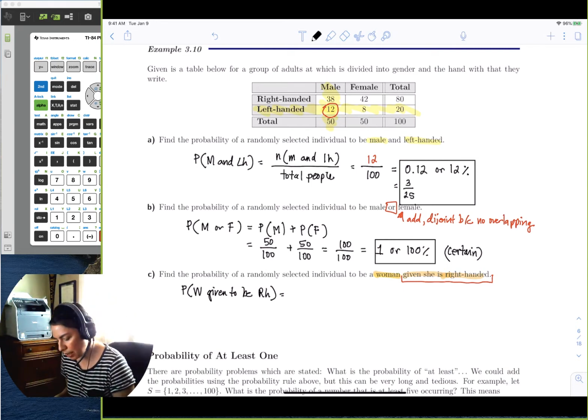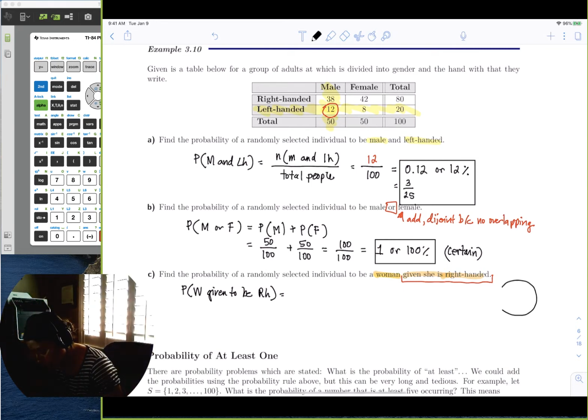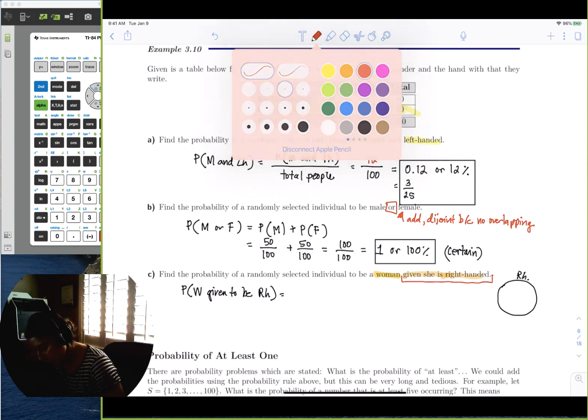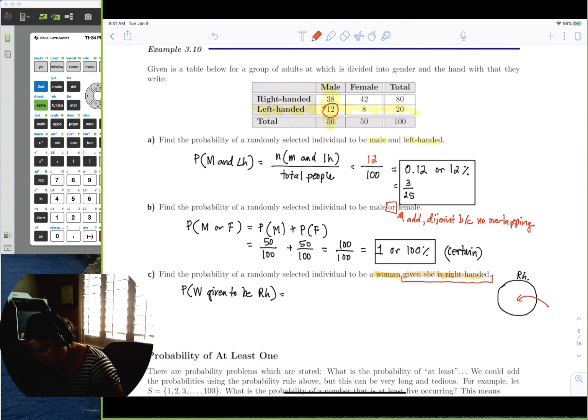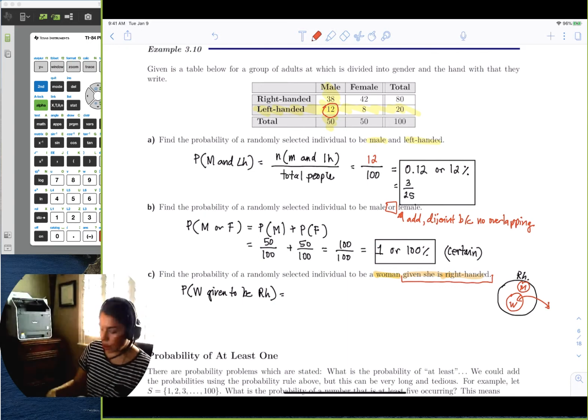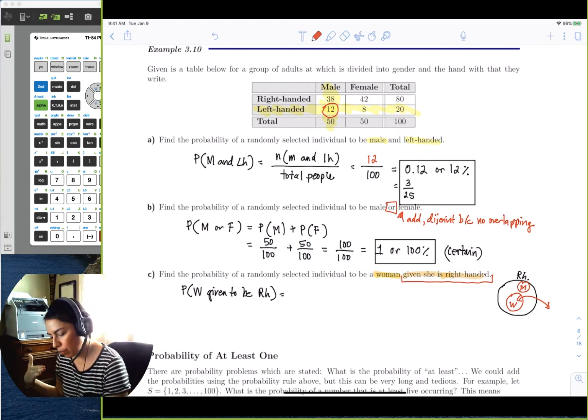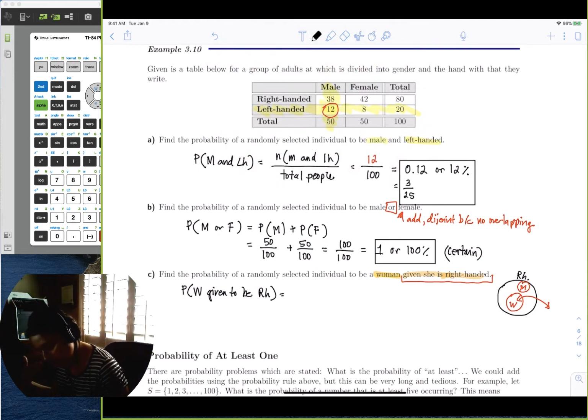So what I'm doing now is I'm limiting who I'm looking at. I'm only looking at right-handed people. And now I want to select somebody in here of the probability of woman. And then here are males, right? So I'm only looking at right-handed people. So if I wrote this, the probability of a woman given to be right-handed, right?